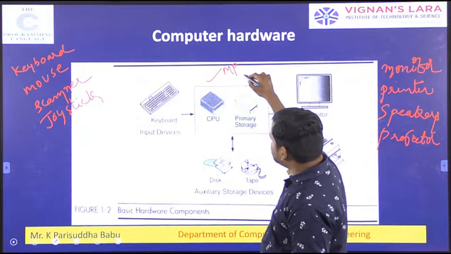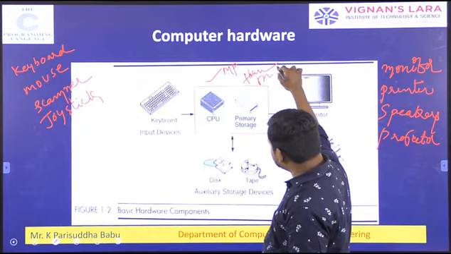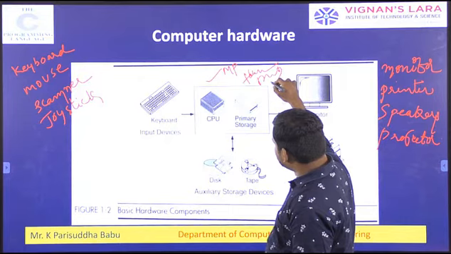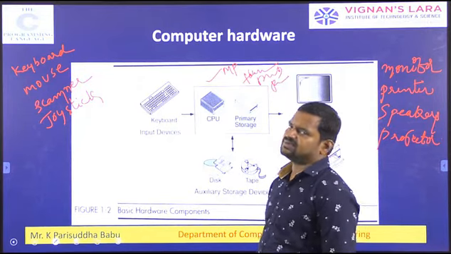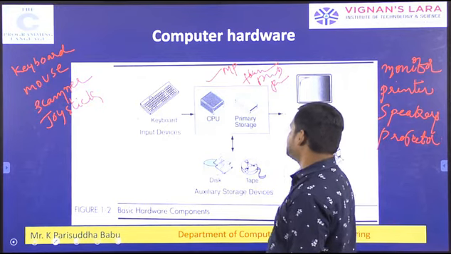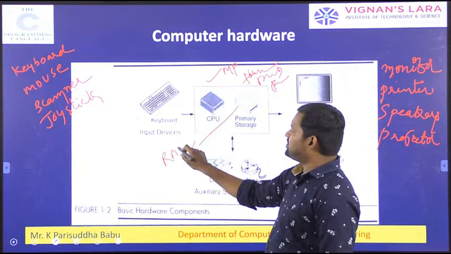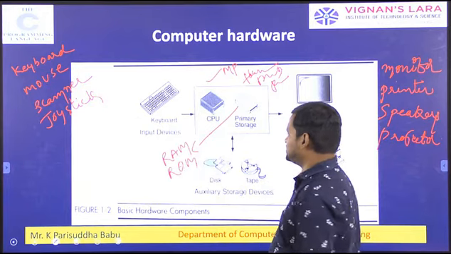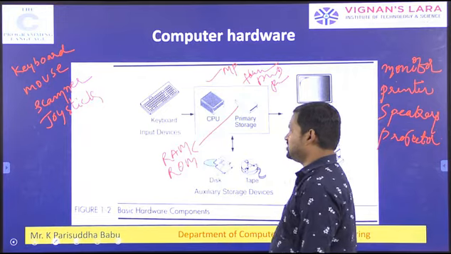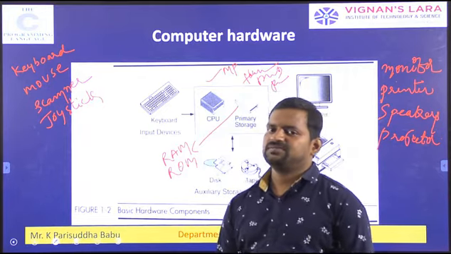Primary storage, floppy disk, DVD disk, next pen drives. All are auxiliary storage memories, additional storage memories. Primary storage memories are there: random access memory and read-only memory are in the primary memory of the computer.